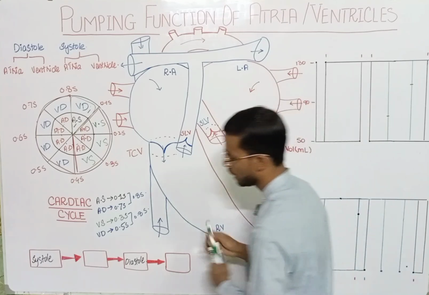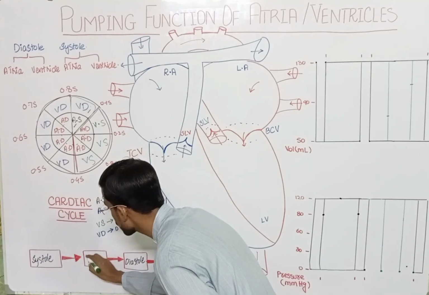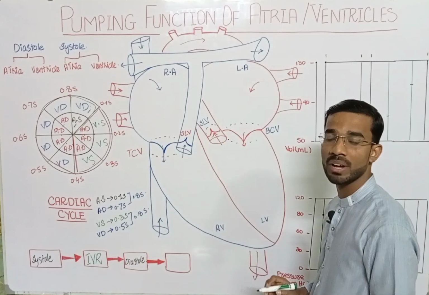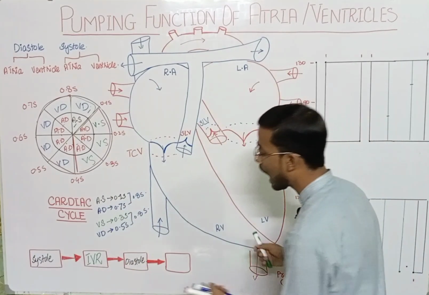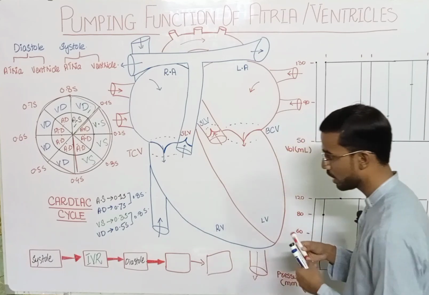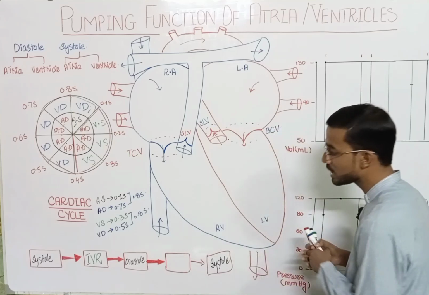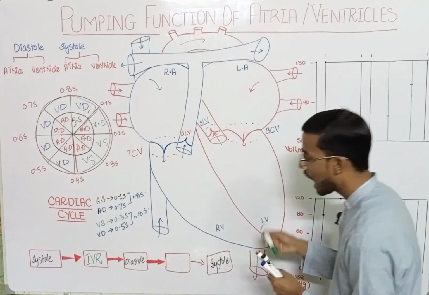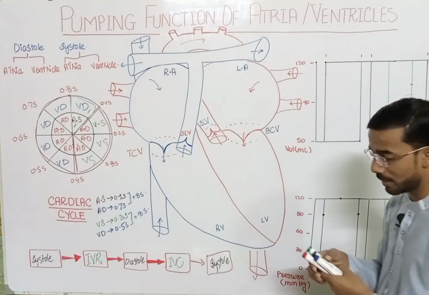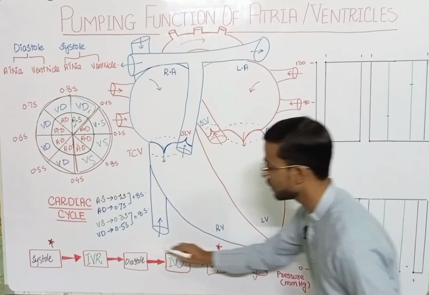Before the diastolic state, you see the isovolumic relaxation. And here is another systole, and before this systole you see the isovolumic contraction. Keep in mind, this is the systole, and this is also the systole, and this is the diastole.